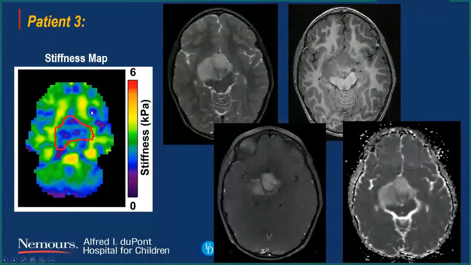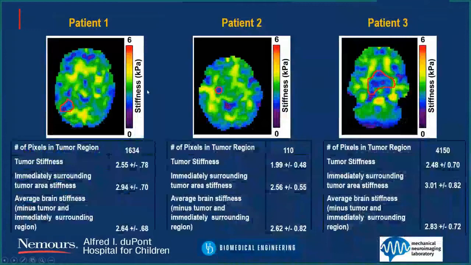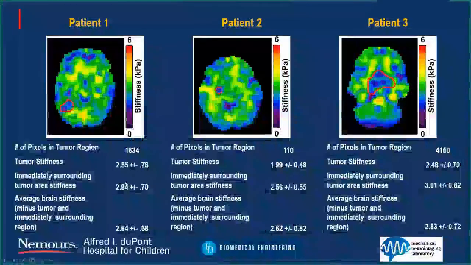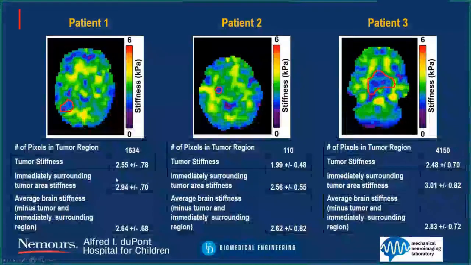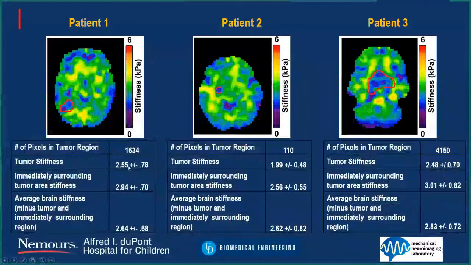the uninvolved cerebral hemispheres. So looking at the numbers, the stiffness of the tumor tissue was less than the area which was immediately surrounding the tumor or uninvolved area. And this was true for all the three tumors which we imaged.